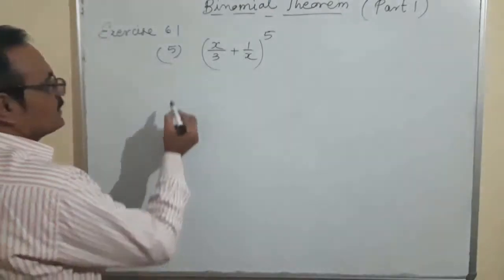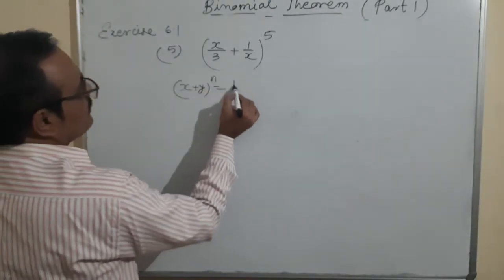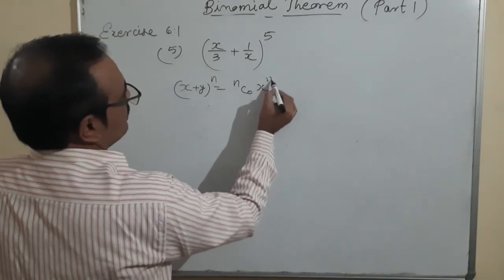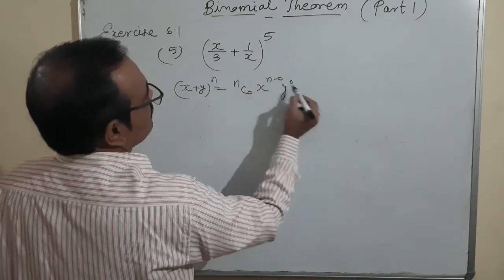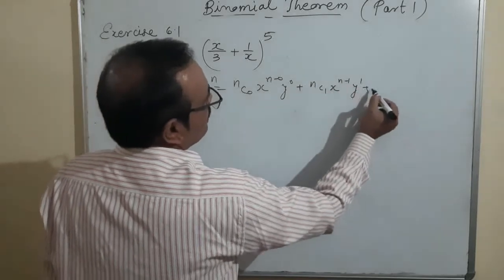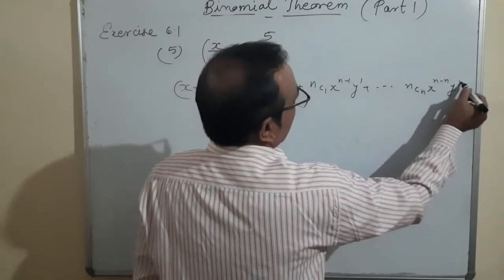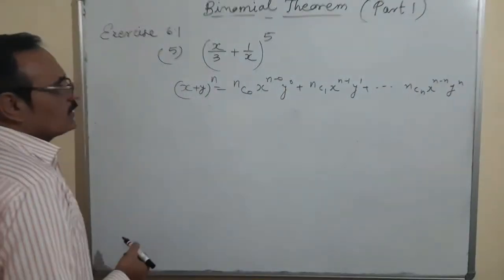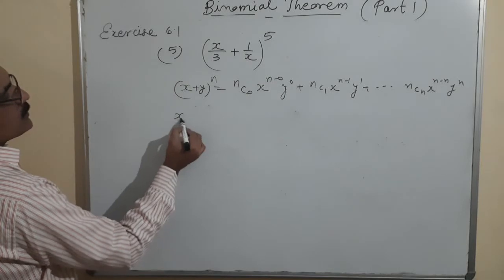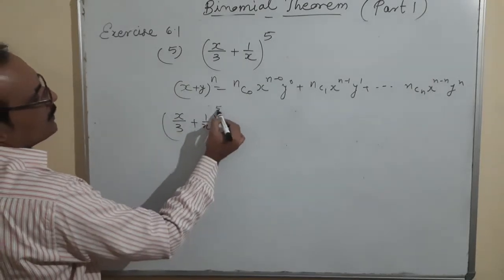Same expansion is there. x plus y to the power n is nC0 x to the power n minus 0 y to the power 0, nC1 x to the power n minus 1 y to the power 1, and nCn x to the power n minus n y to the power n. We put the value in place of x, x upon 3, in place of y 1 upon x to the power 5.